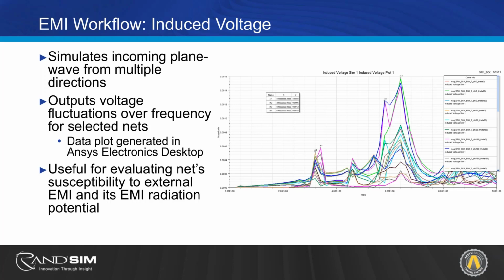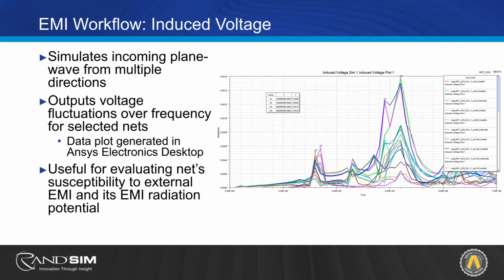What's useful with this data is it tells you a couple things. One, it tells you what frequencies that specific trace is susceptible to from outside EMI. So if you had a device in proximity that had EMI at 580 megahertz or 320 megahertz, those are some of the peaks you see.